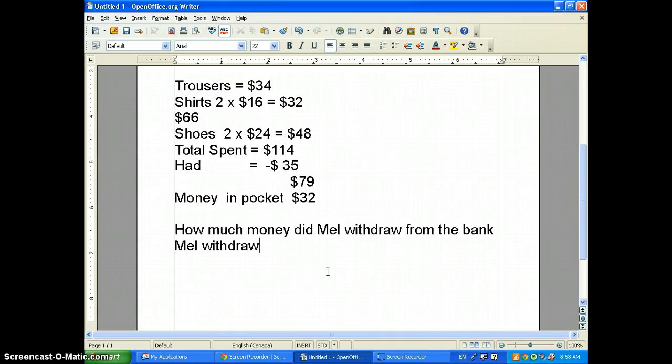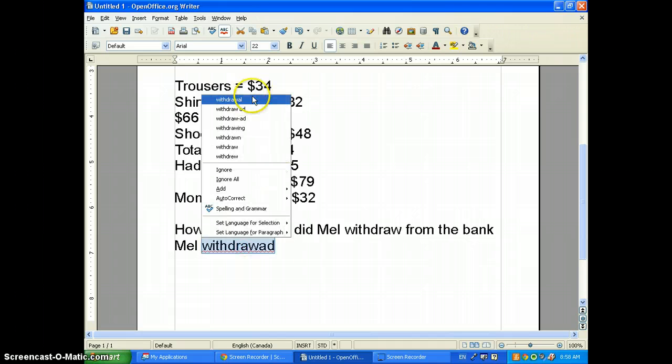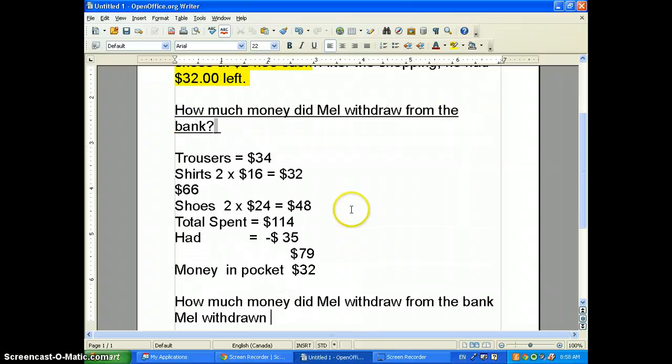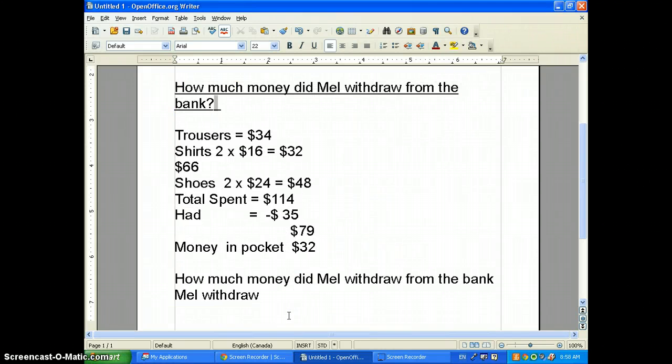And then we have to put the answer here. So what's 79 plus 32? We've got to add them together because that's going to tell us how much money he withdrew. That's how much extra money he had in his pocket, and this is how much money he spent, and it also includes the subtraction of the $35 he already had.